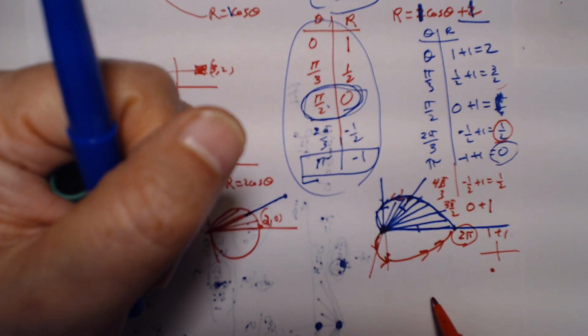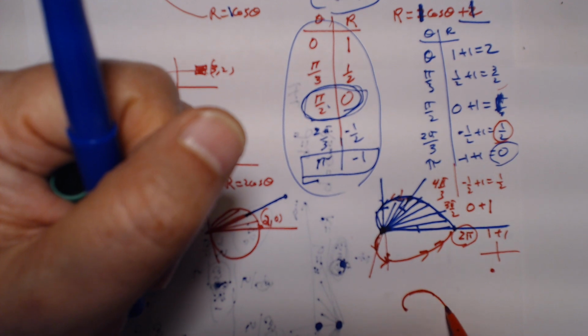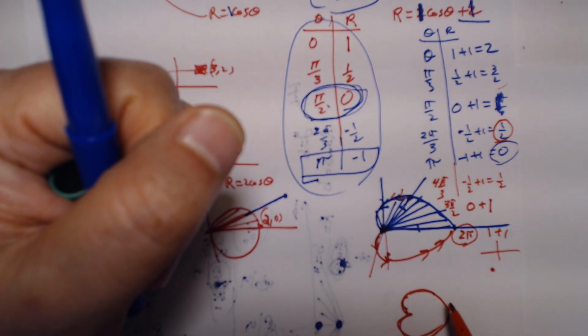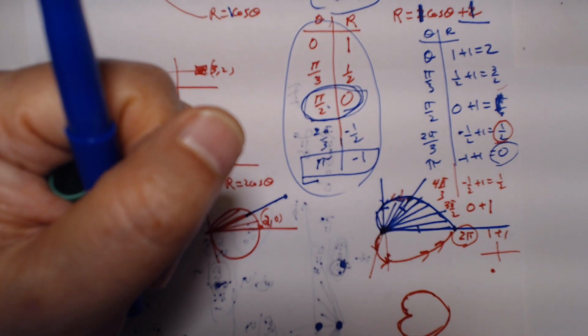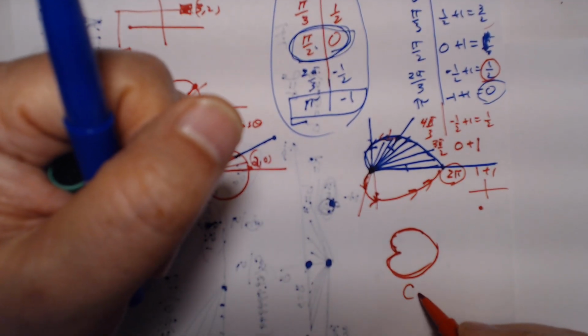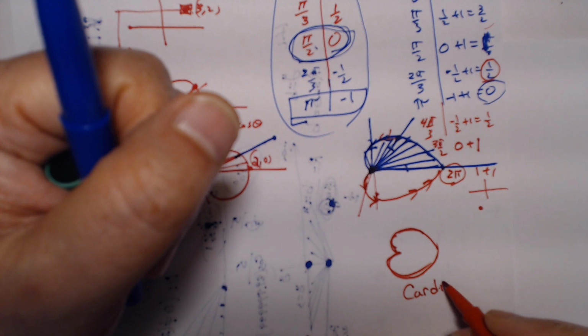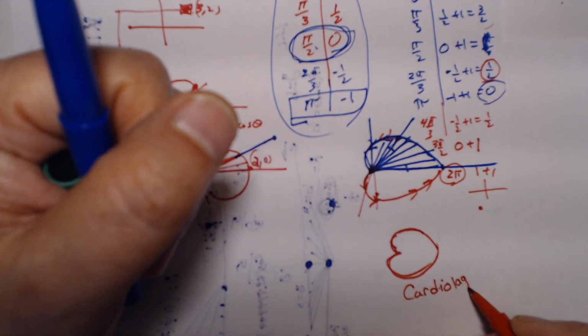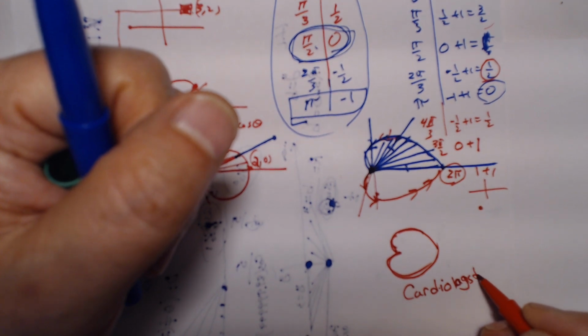Oh, that's my graph. And that graph is nothing except it looks like a heart. And if something is wrong with your heart, you have to look for a cardiologist.